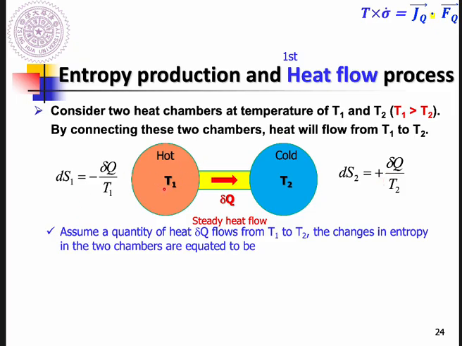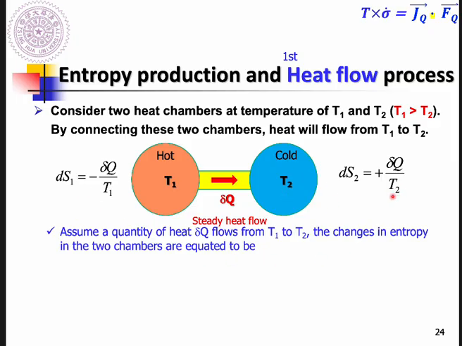So for the hot chamber, it loses dq. So we get the change in entropy, dS1, equals the negative of the lost heat, dq divided by T1. And for the cold reservoir, we get dS2 equals the heat it gains, so plus dq divided by the temperature T2.